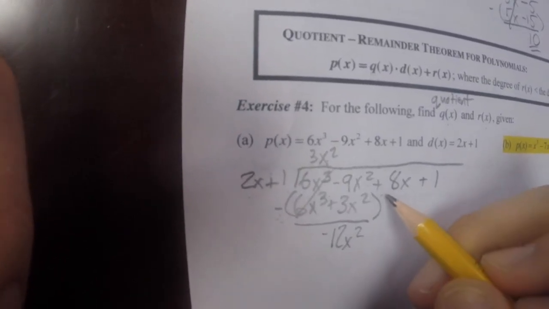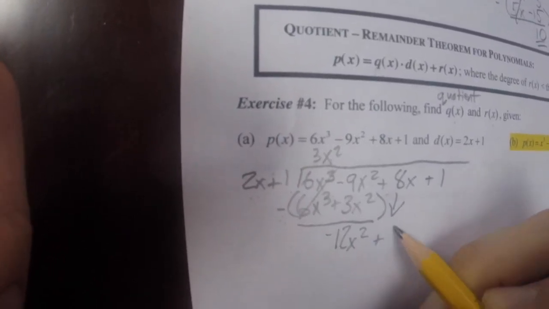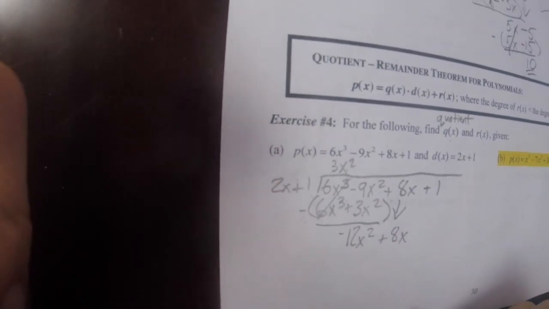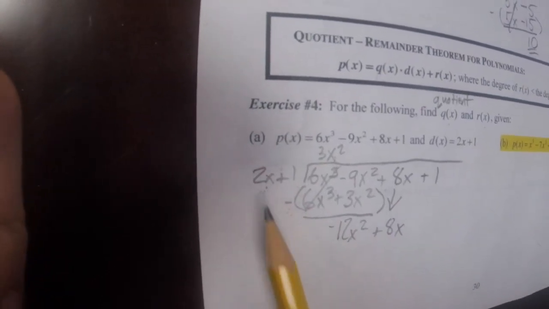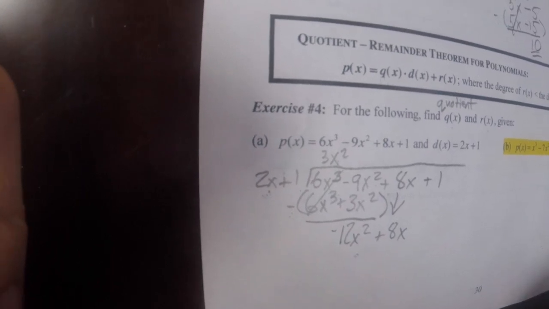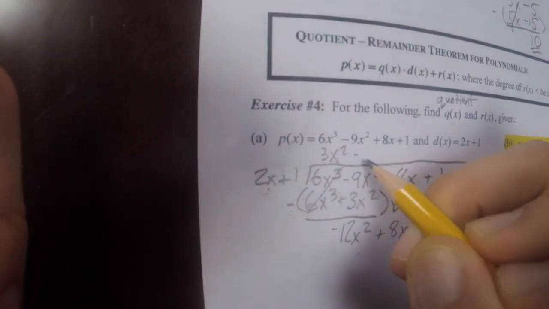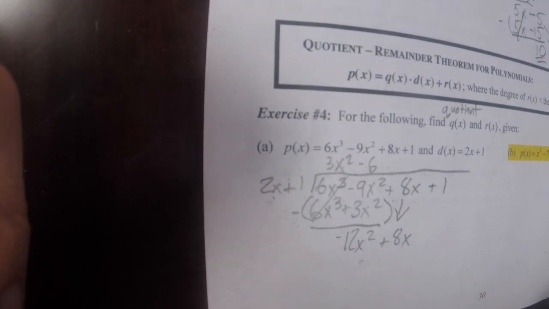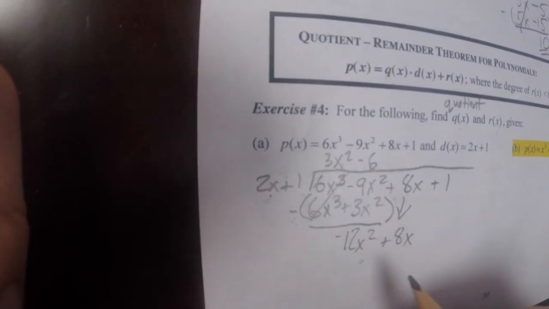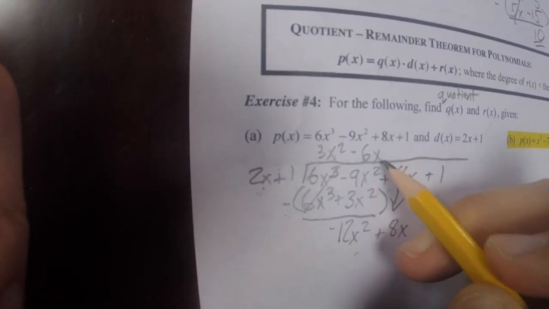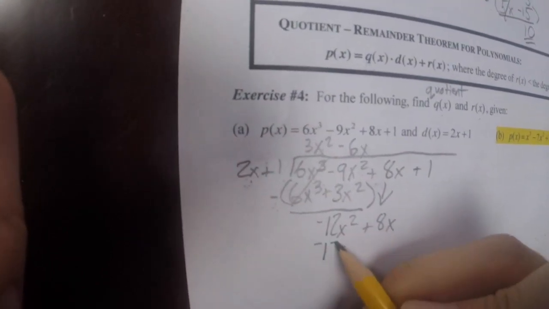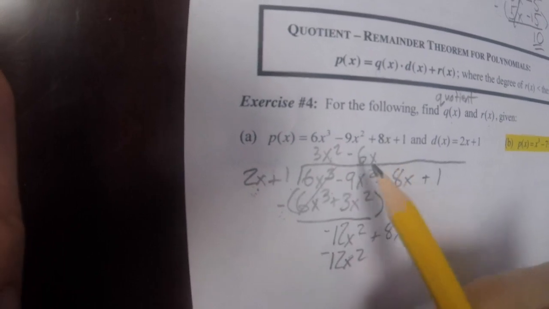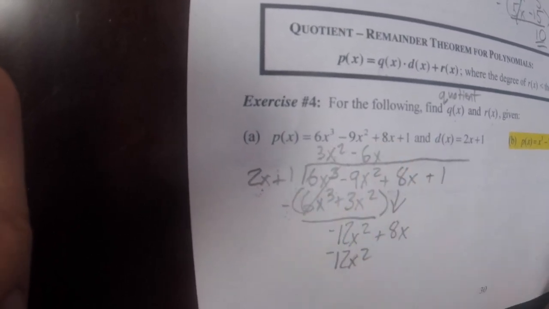Bring down your next term, which in this case is an 8x. Now I'm going back up here. What can I multiply 2x by in order to get negative 12x squared? Well, we're definitely going to need to multiply by a negative 6 and also an x, right? Negative 6x times 2x would give me negative 12x squared. That's good. Then we just have to multiply the negative 6x times the 1.